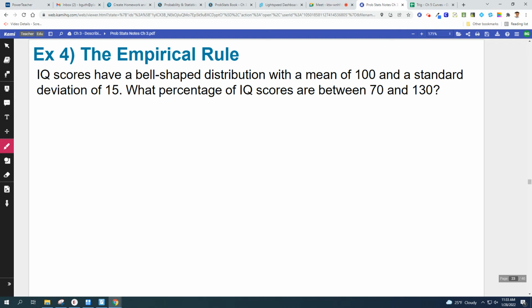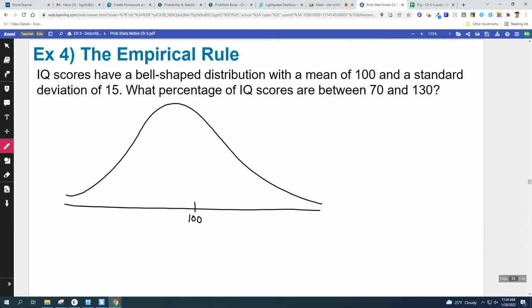IQ scores have a bell-shaped distribution with a mean of 100 and a standard deviation of 15. What percentage of IQ scores are between 70 and 130? So this looks kind of like it's going to be hard, but think about it. Draw your number line, and let's put the mean right in the middle here. So we've got this bell-shaped distribution, and 100 is the mean.